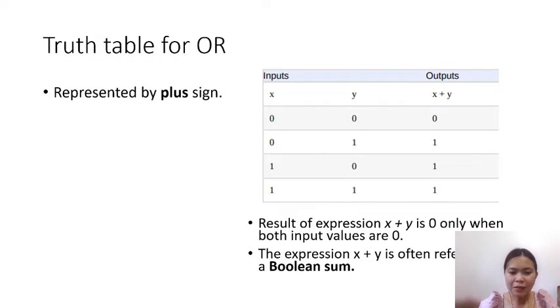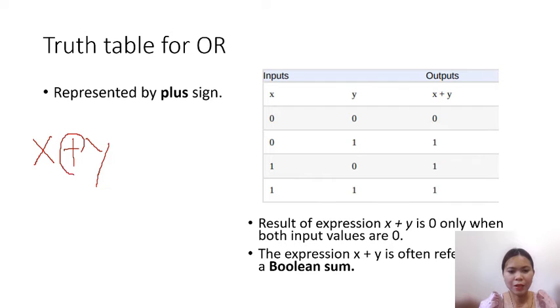So basically, the OR operator is represented by a plus sign. Therefore, the expression, let's say, x plus y, can be read as x or y.